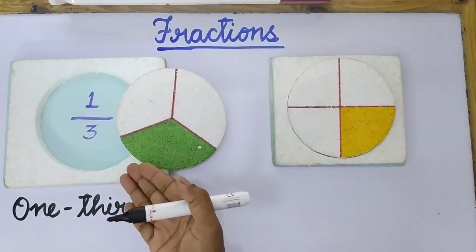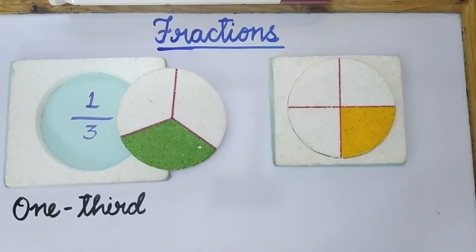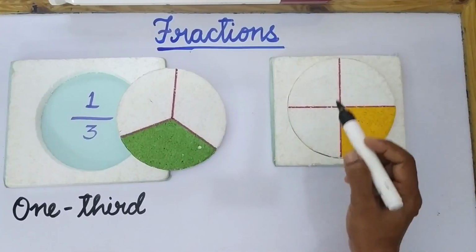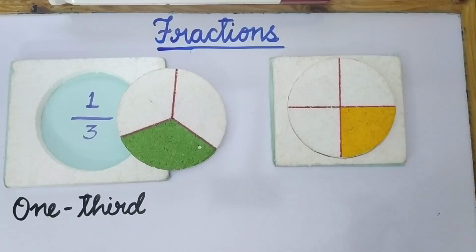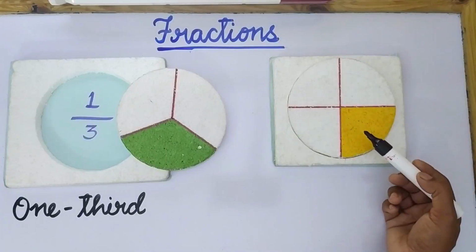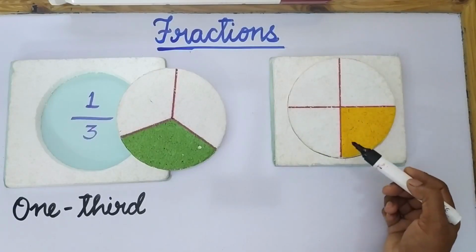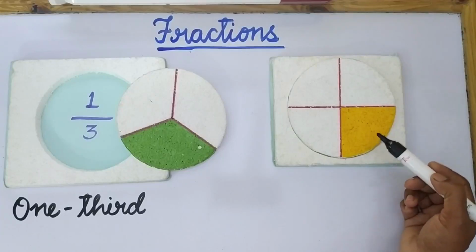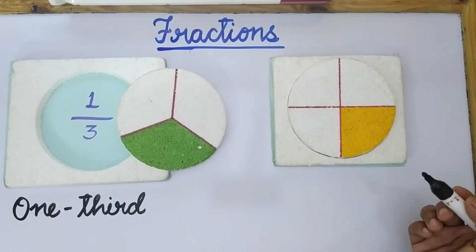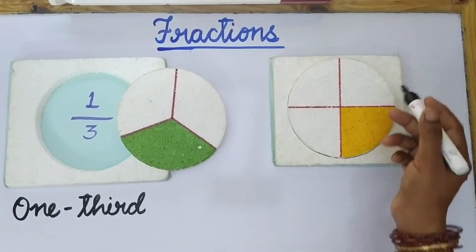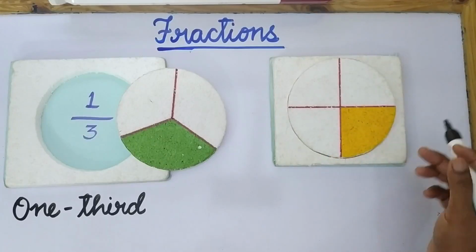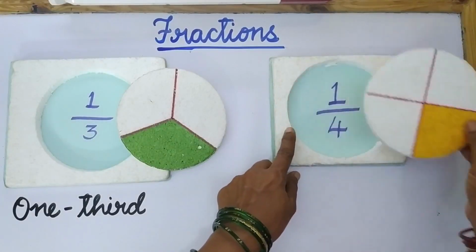If this is 1/3, what about this? Count how many equal parts? 1, 2, 3, 4. And one of the equal parts of the circle is colored. Then 1/4. Let us see whether it is correct or not.